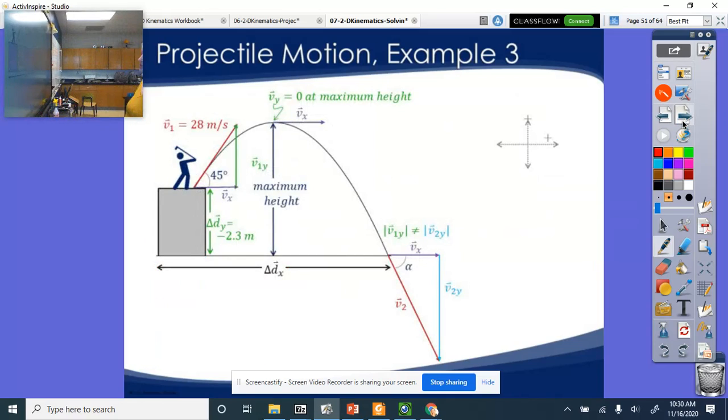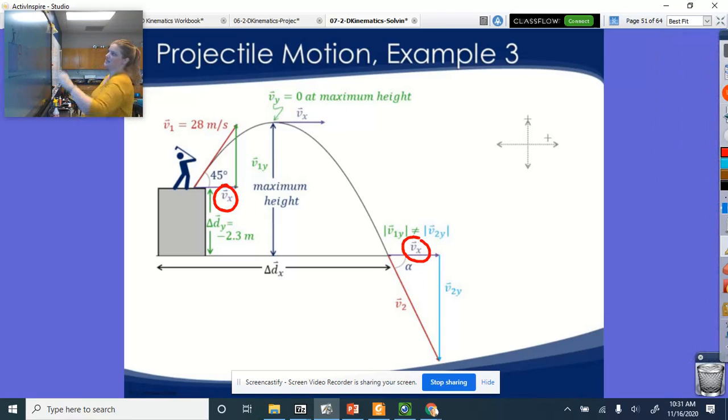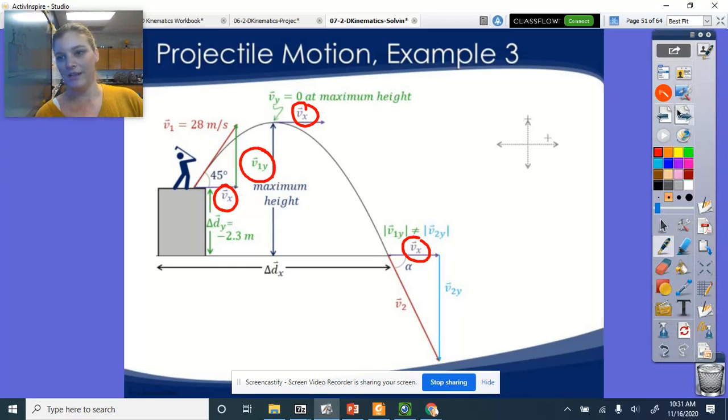So here's a more official drawing of that. So we just calculated the velocity in x, and it's going to stay the same at all 3 locations. I know the velocity in my y starting out, but that doesn't mean I know anything over on the other half. So now I have to go ahead and solve for lots of little things.